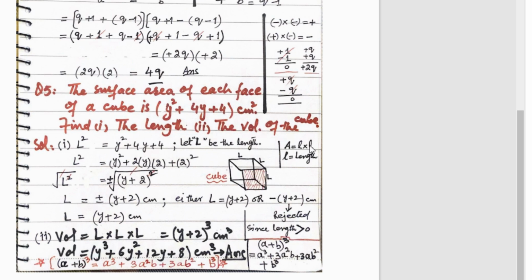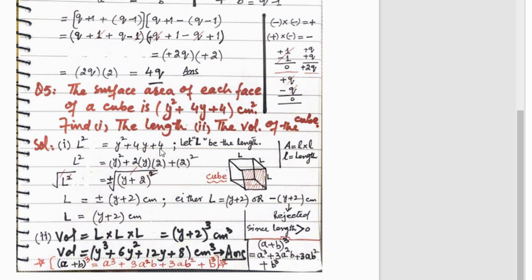Area can be written as L square. L square is given to us in the form of y square plus 4y plus 4. He is saying y square plus 4y plus 4 is the area of each face of a cube.